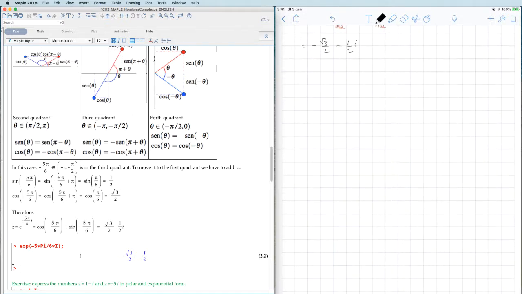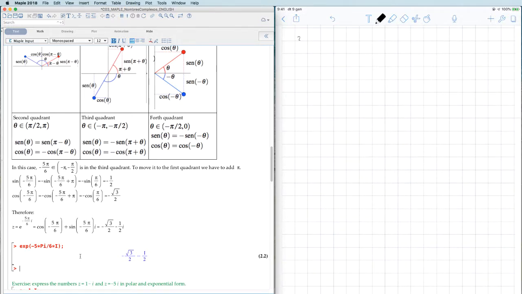Now, from binomial to polar, we have two different numbers, and in this case this can be done just by making a plot. So I have these two numbers here: 1 minus i. Of course, here, we want to convert them to exponential.